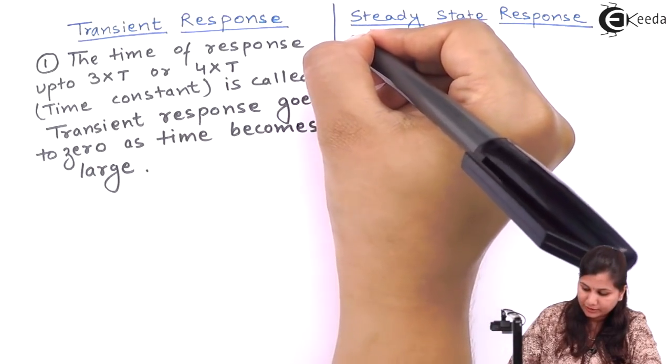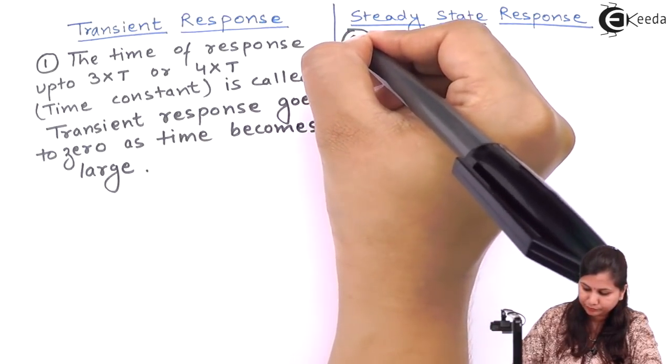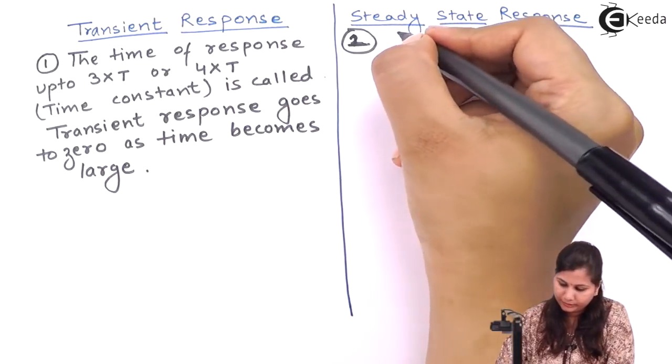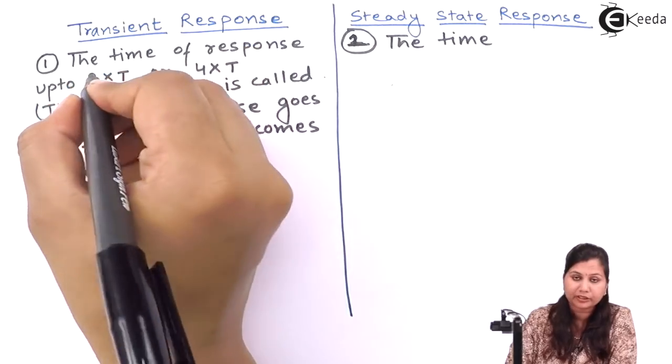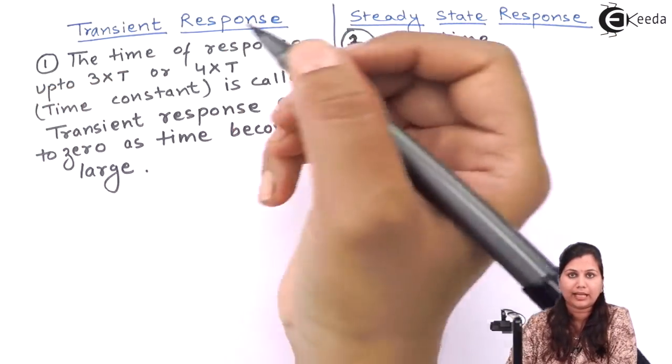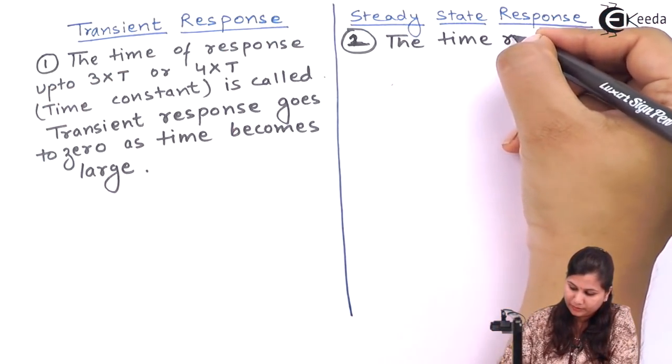Now the steady state response, what is it? The time of response after this 3T or 4T will be the steady state response.